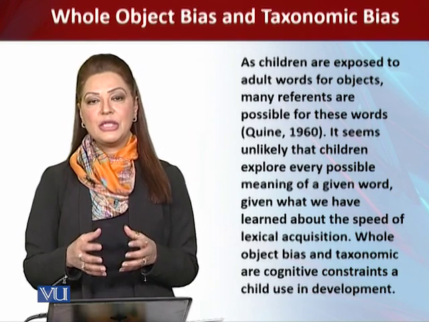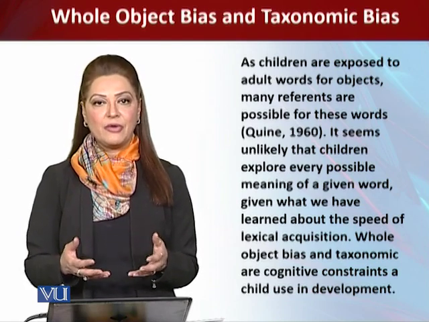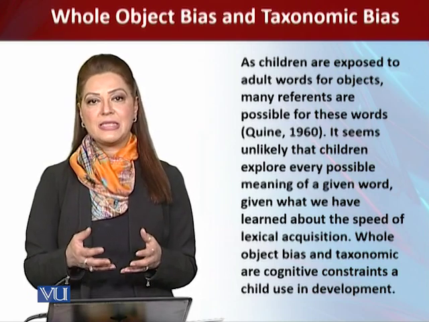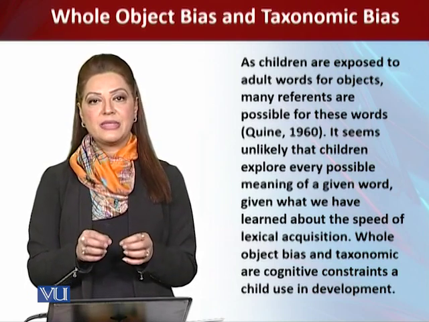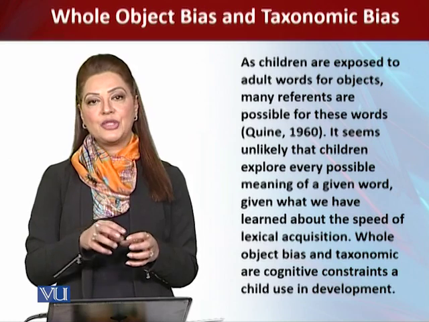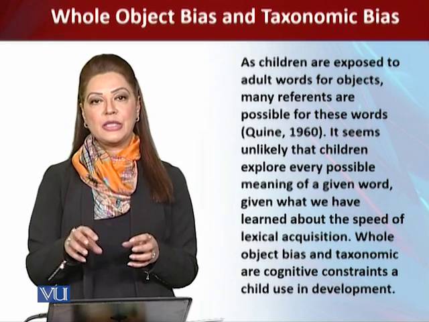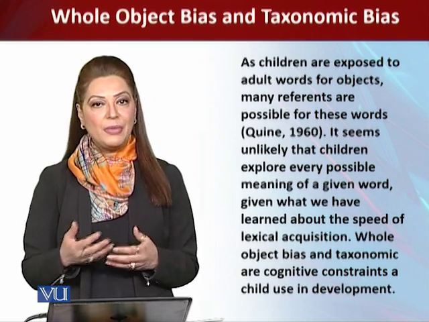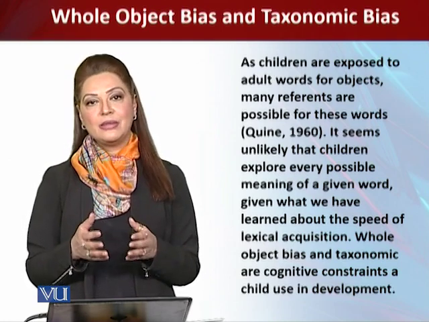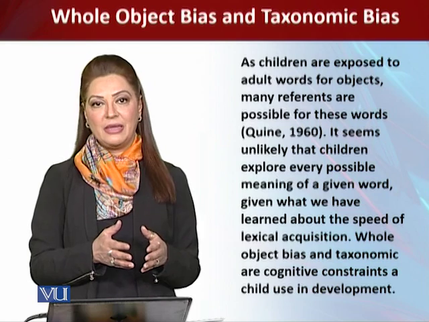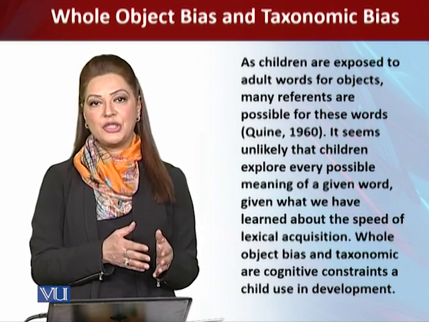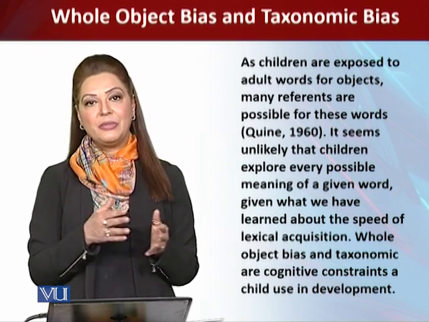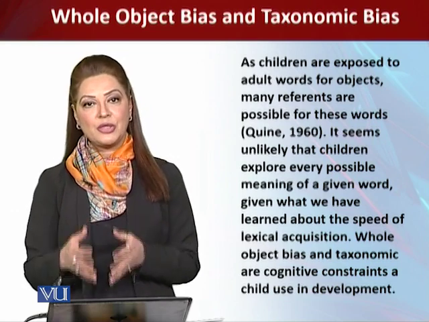So initially they begin with a thematic relationship, which means that if the word soup is given, the child would relate it to a bowl and spoon. Now if a new label is given, then children will shift from a thematic relationship to a taxonomic relationship.